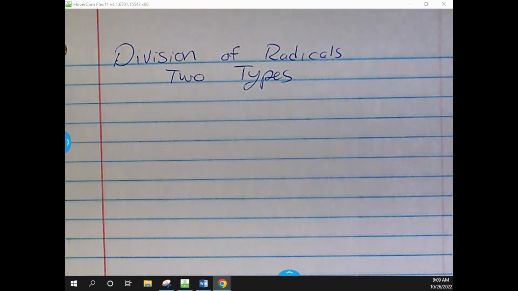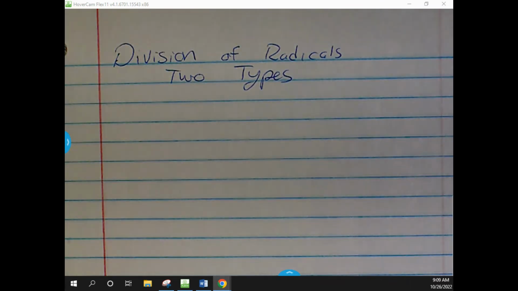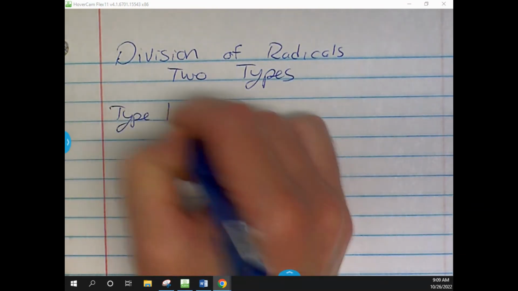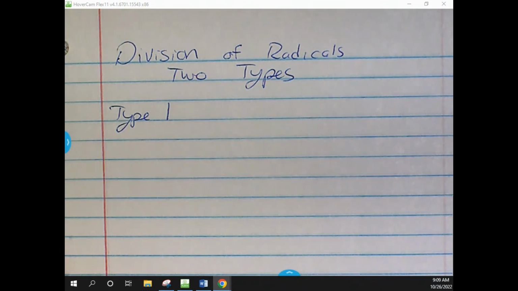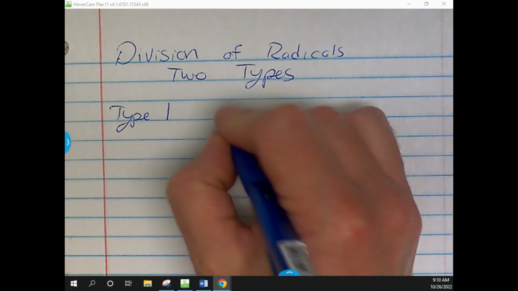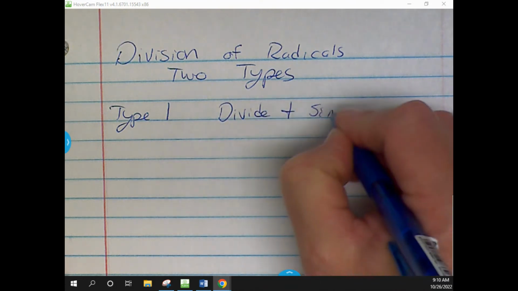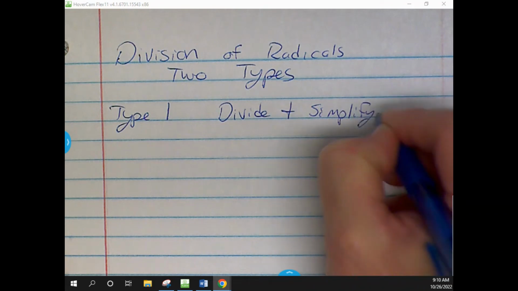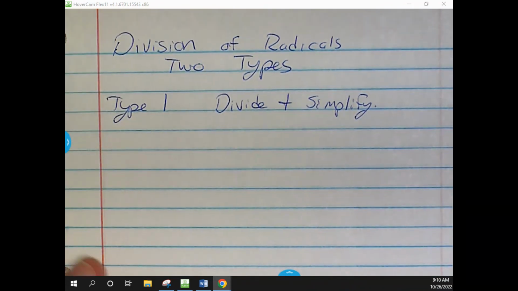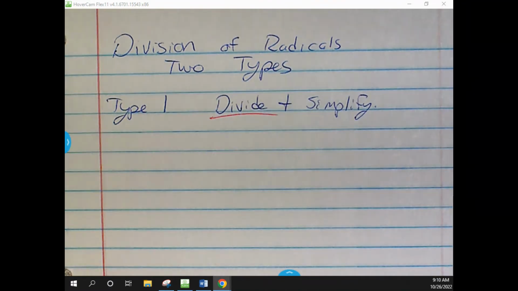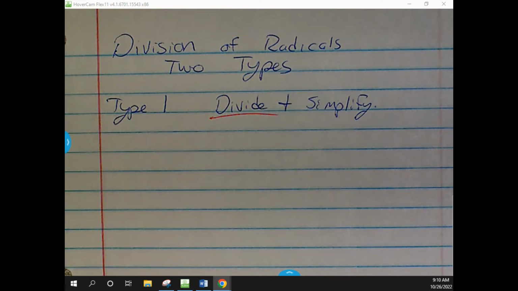You got one where it's asking you to just divide and simplify. Okay, and usually the first one when we're doing this one, it will just say divide, so it'll be really easy. The second one we do it'll be a little easier because they're going to tell you to do something different. And we'll show you that part here in just a second. We'll get to the first one first here.